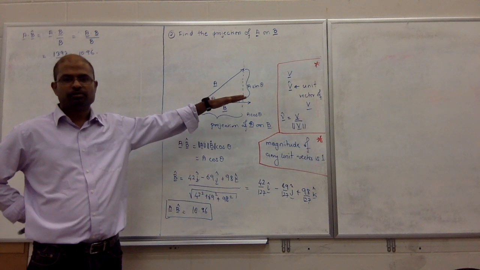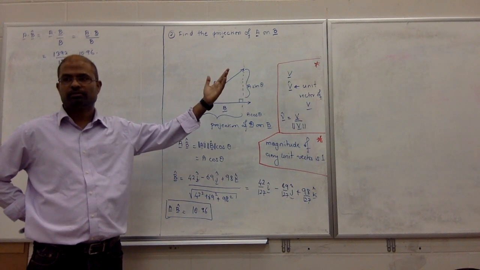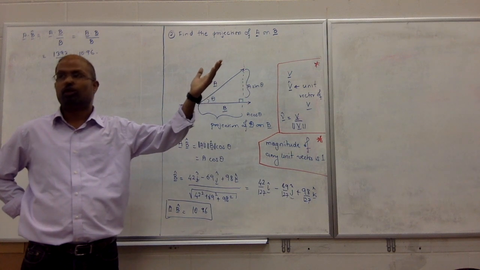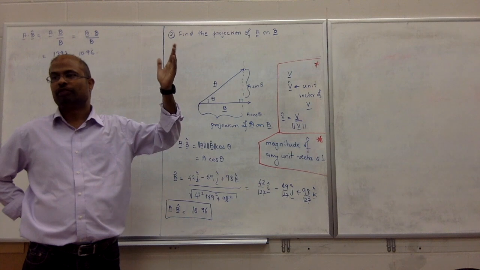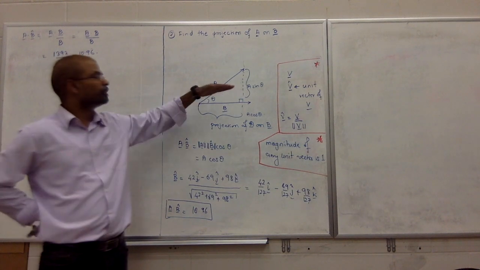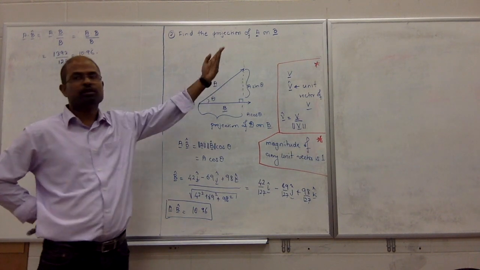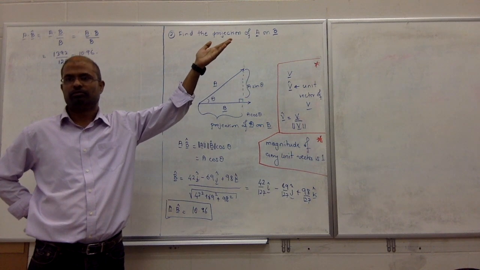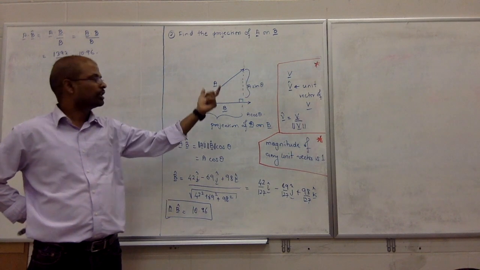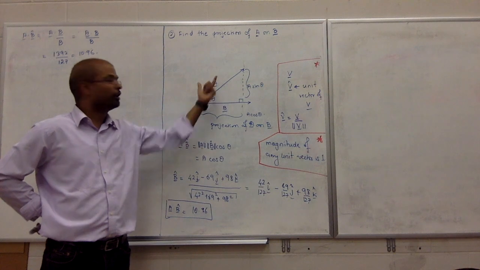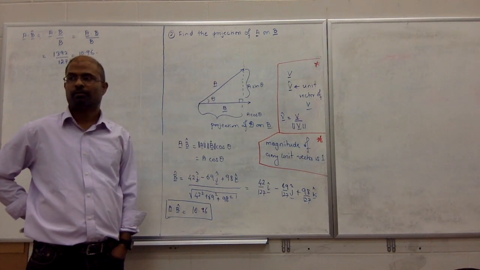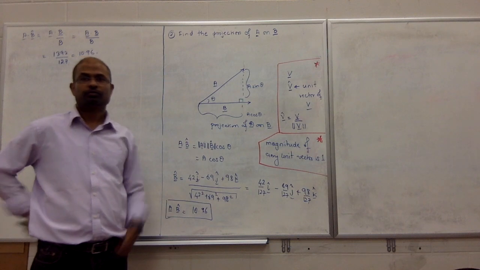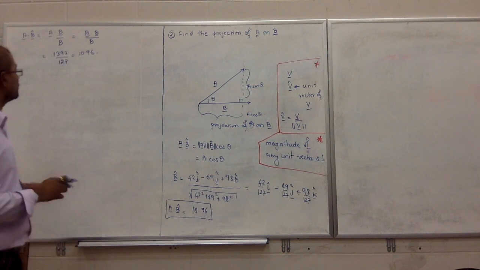The projection will always be shorter. Or at max it will be equal. If this is parallel to this, it will be the same. Got it? Now, what is the projection of B on A? No, I'm not asking the comparison.